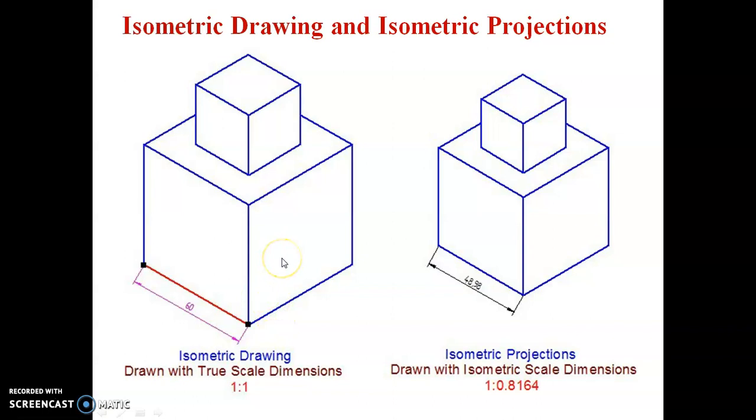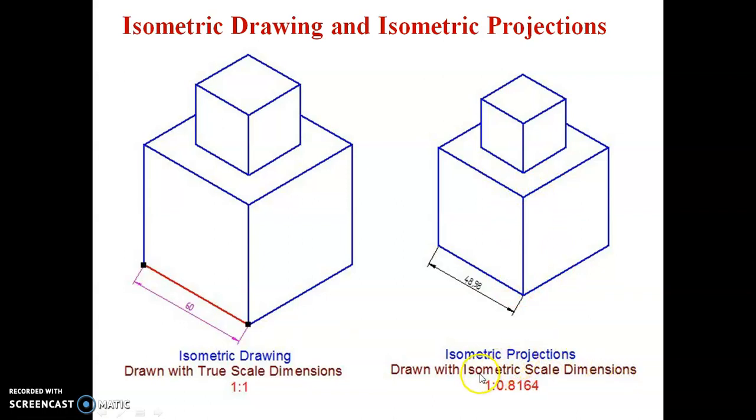Such drawings are called isometric drawings, drawn to the true scale dimension, and the proportion will be 1:1. So 60 will be drawn as 60, that is 1:1. But when we are asked to draw the isometric projection, we cannot draw it to the true scale. Rather, we have to draw the isometric projection to the isometric scale.